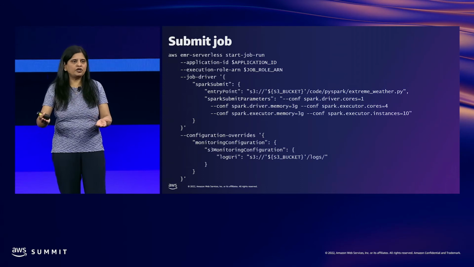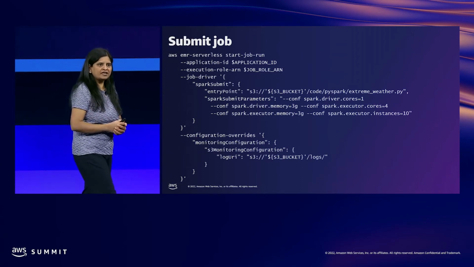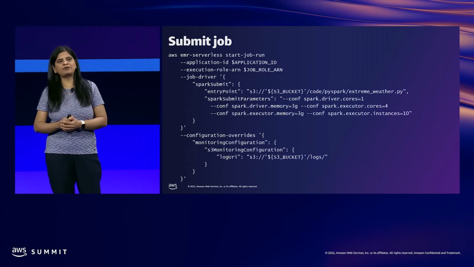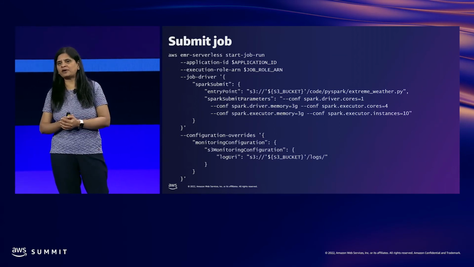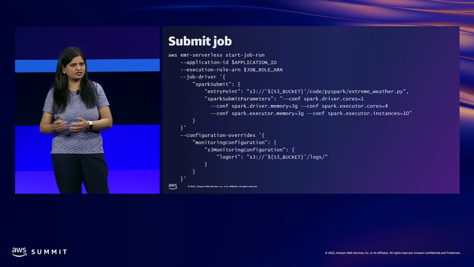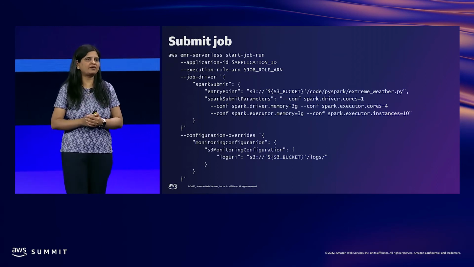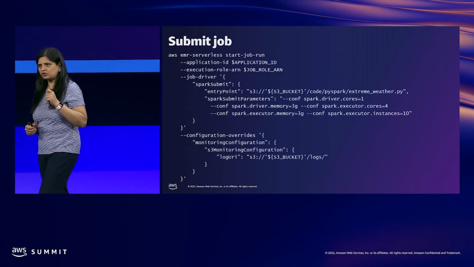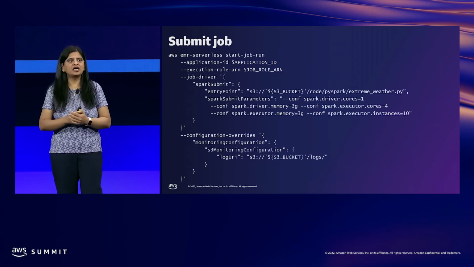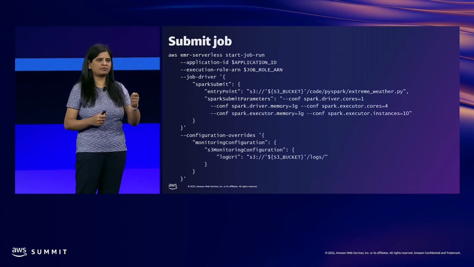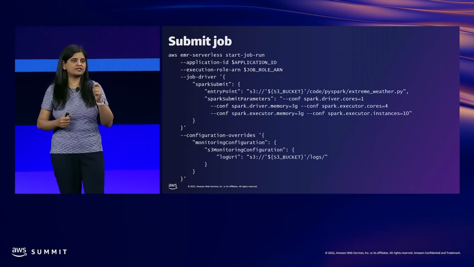And then you can specify the parameters that you want to pass to your Spark submit. For example, if you're sending parameters to your Spark submit job today, you will be able to do the same thing with your EMR Serverless jobs. You can also have configuration overrides. Now, this is very helpful when you want to override some of the configuration that Spark and Hive provide.